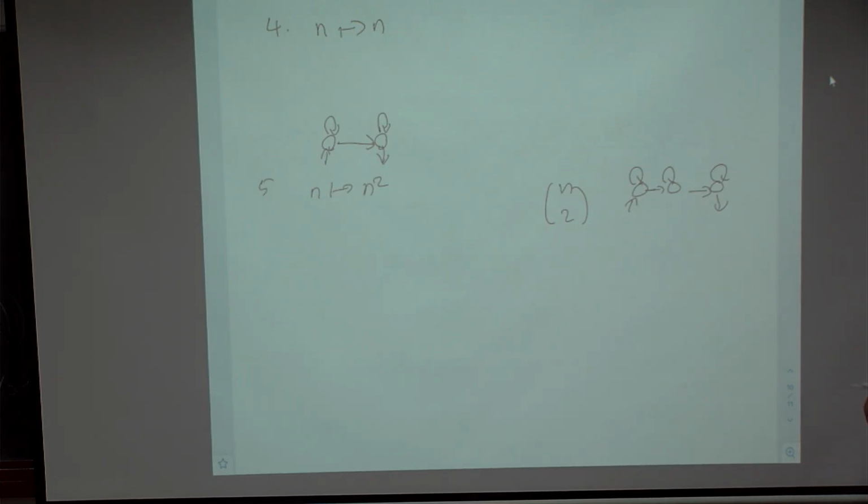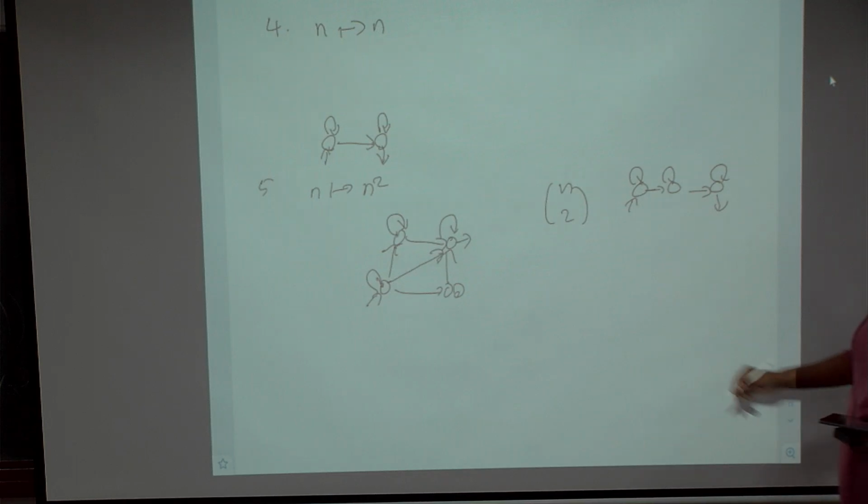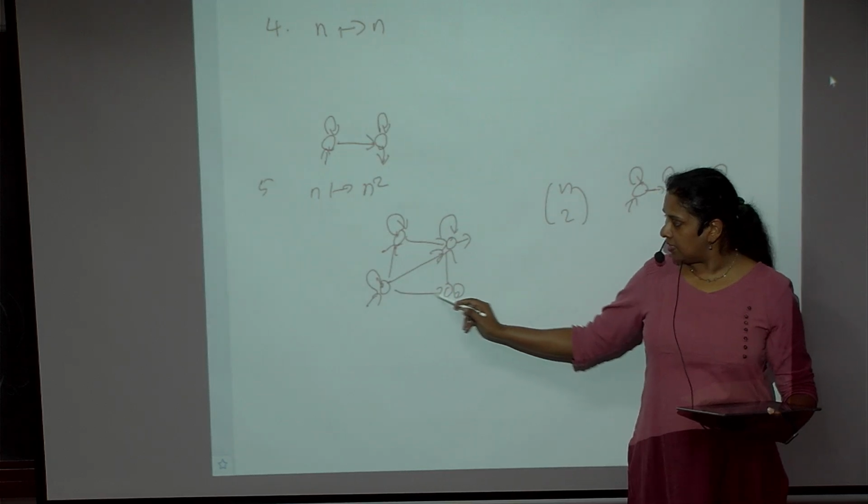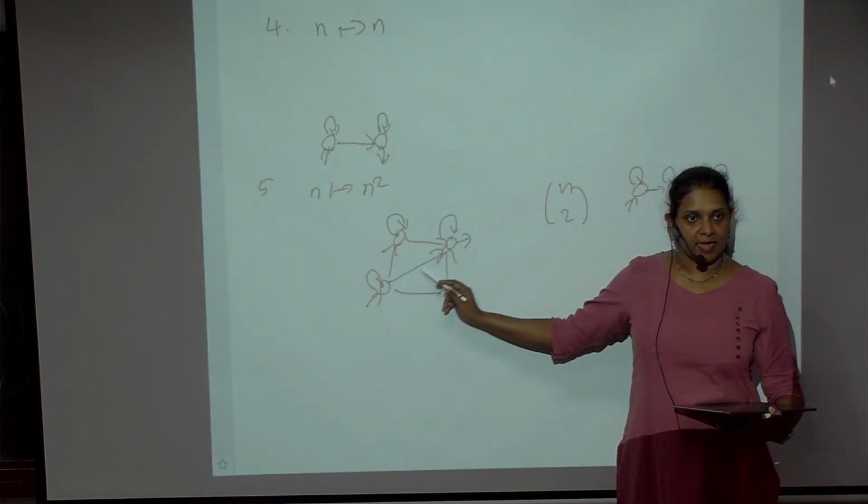So in order to get n square, this is n square. You can see that this path here is an n choose 2, and this path is also an n choose 2, and this diagonal is an n.